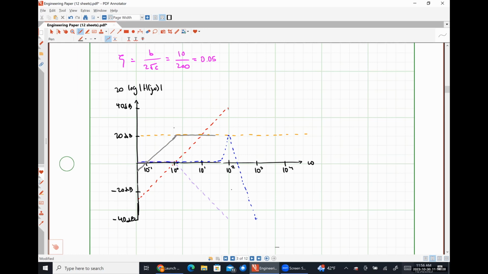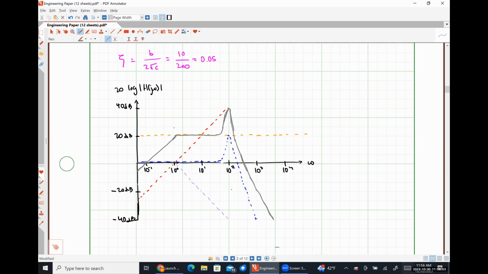Out to here, this should be 20 decibels up. And then yeah, at this point, I should be at 20 decibels, and this is the 40 dB per decade bit. And then keep on trucking like that.